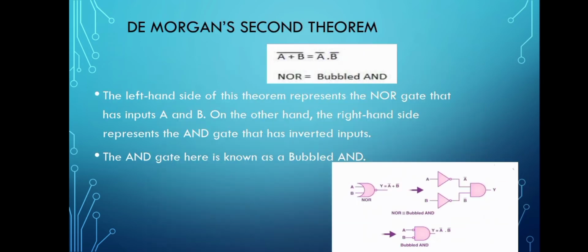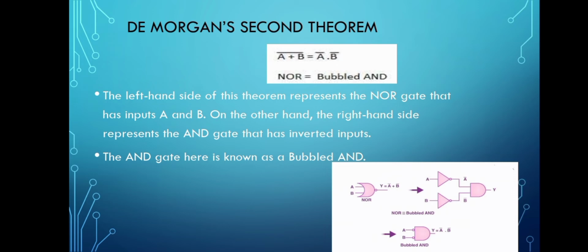Now the second De Morgan's theorem says the left-hand side of the theorem represents the NOR gate that has inputs A and B. On the other hand, the right-hand side represents the AND gate that has inverted inputs as shown in the figure, that A plus B is equal to A not B, NOR is equal to bubbled AND.